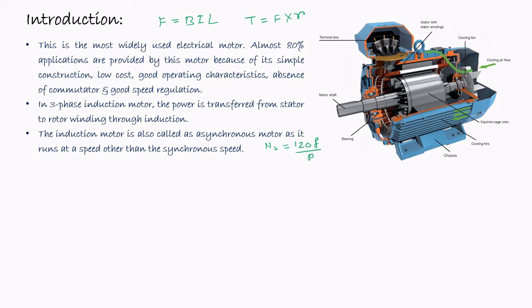The magnetic field which is produced in the stator is rotating in nature, and this magnetic field rotates at the synchronous speed, Ns. Therefore, the rotor of the induction motor cannot rotate at synchronous speed. There may be any value of the speed, but it cannot be equal to the synchronous speed.